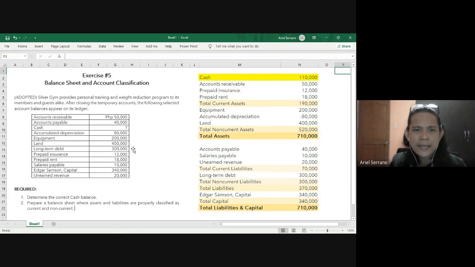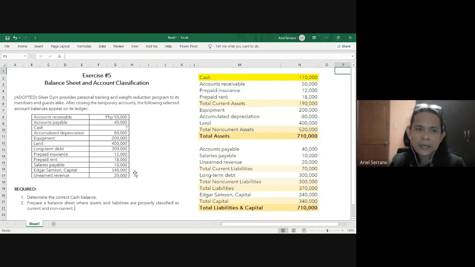Long-term debt is 300,000. Prepaid insurance is 12,000. Prepaid rent is 18,000. Salaries payable is 10,000. Edgar Samson, the owner of the business, is 340,000. Unearned revenue is presented at the amount of 20,000.